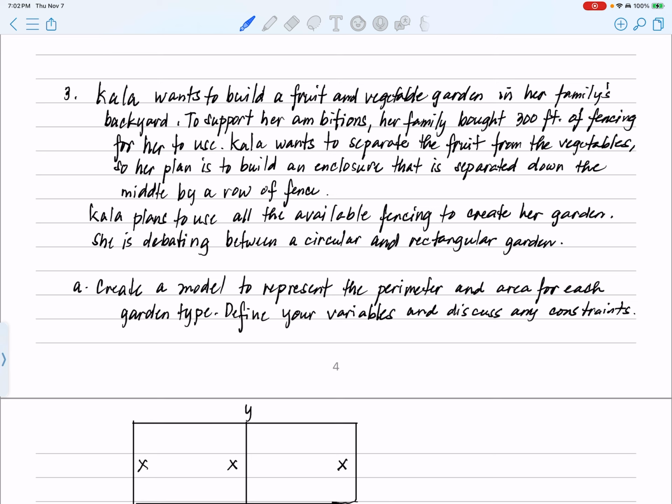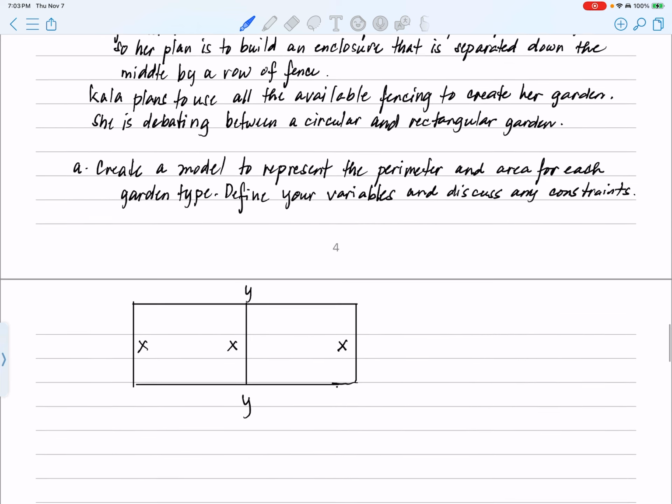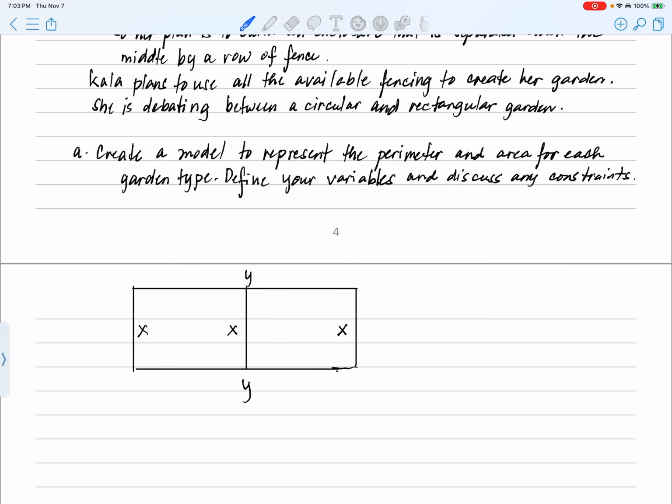So her plan is to build an enclosure that is separated down the middle by a row of fence. Carla plans to use the available fencing to create her garden. She is debating between a circular and a rectangular garden.